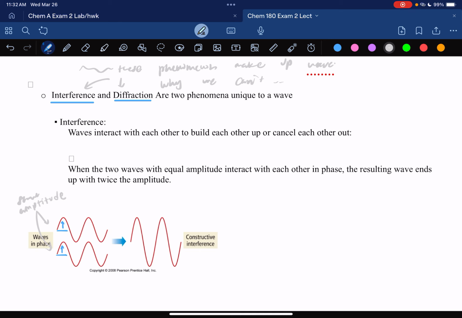Now, their amplitude could be different, could have different intensity. So amplitude is related to intensity.